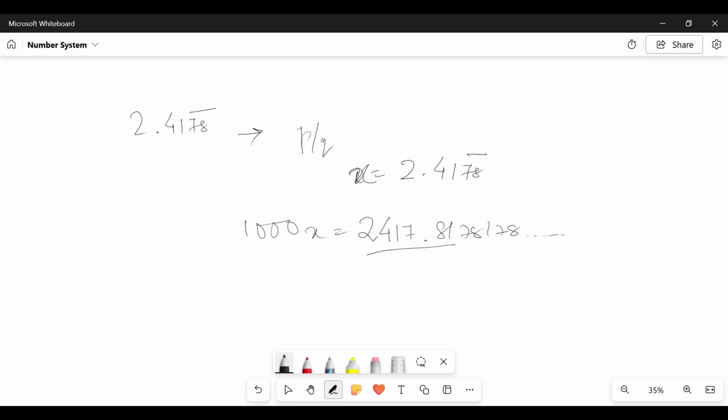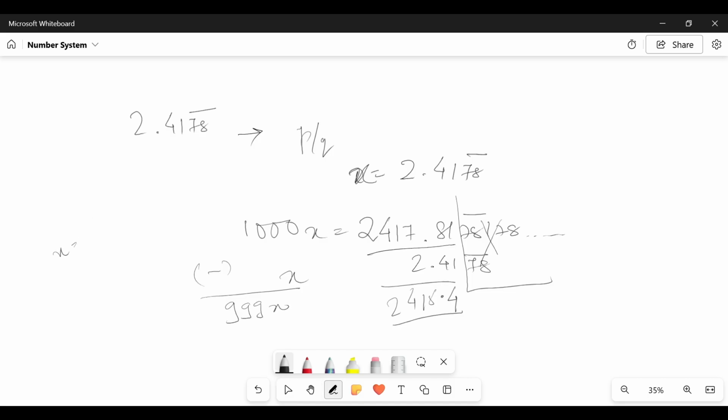Now if we subtract these two, it would end up giving us a number where we would have 2.4178, and as it keeps on repeating, this portion would get eliminated, and what we would have is as basic as 0.4 and 2415. So we are left with 999x.